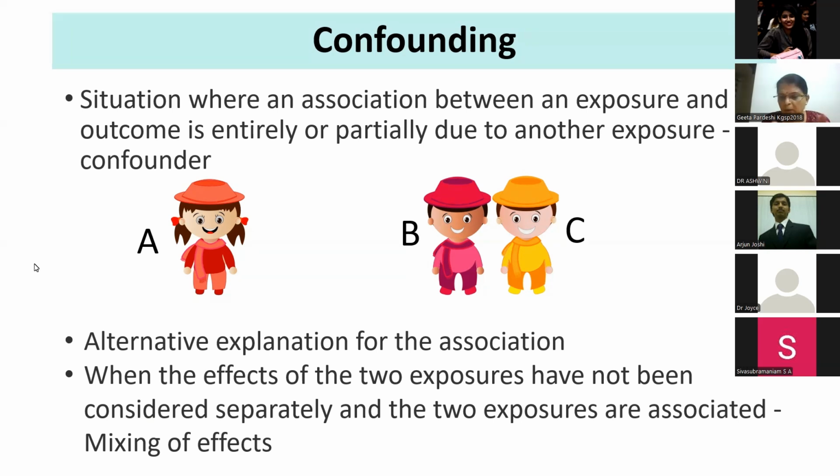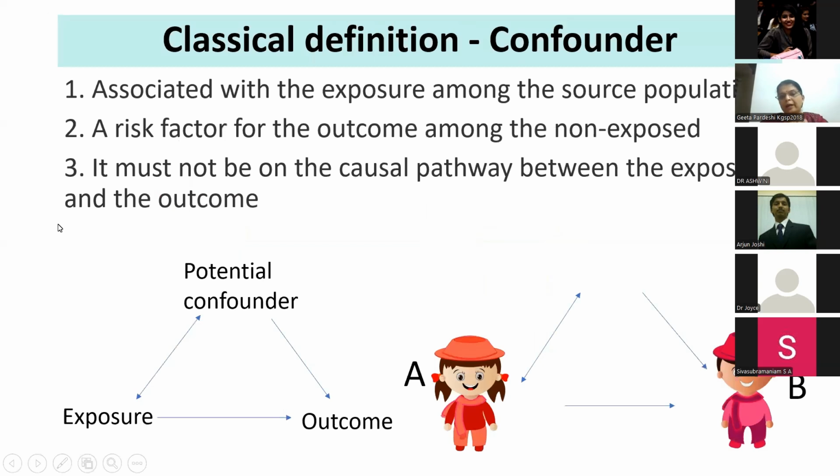So these two are different ways of understanding confounding. The third one, of course, is what Dr. Dinesh mentioned. You are interested in the exposure and the outcome, but is there a variable which is associated with the exposure? That is, it occurs more likely with the exposure.